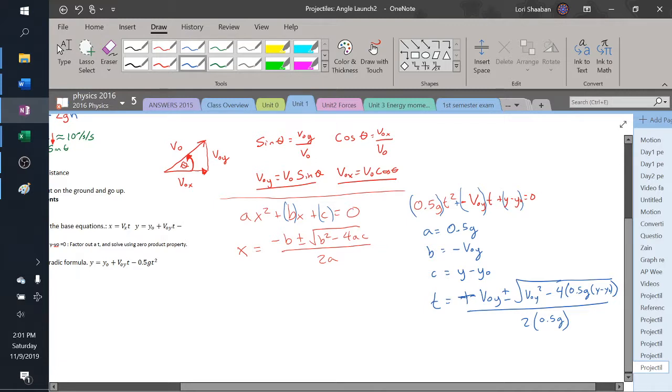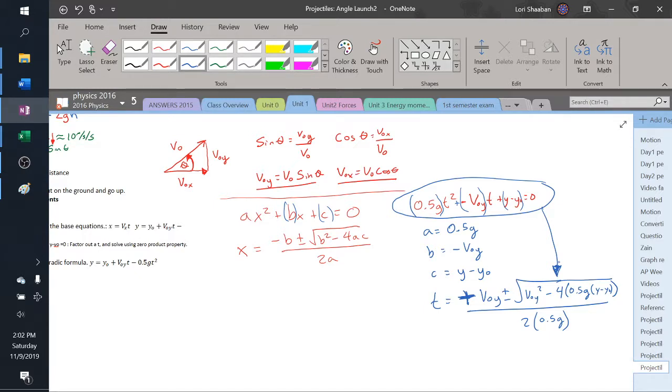There we go. So you could find out the time the object is in the air. Please do not memorize this formula. Know how to take the original equation and pull it to find the time. And you can go ahead and do any type of projectile in this manner.